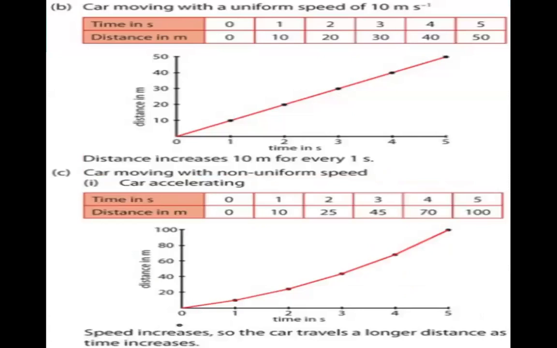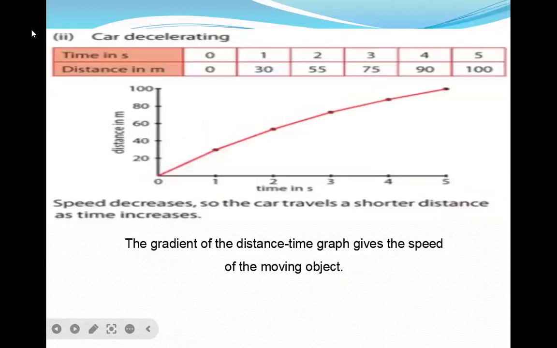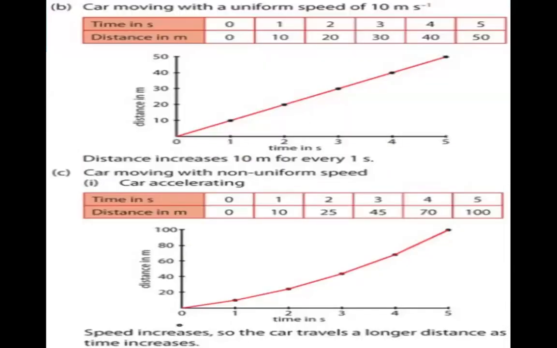For example, I have another situation. For example, a car moving with a uniform speed of 10 meters per second. At 0 seconds, the distance will be 0. At 1 second, the distance is 10.